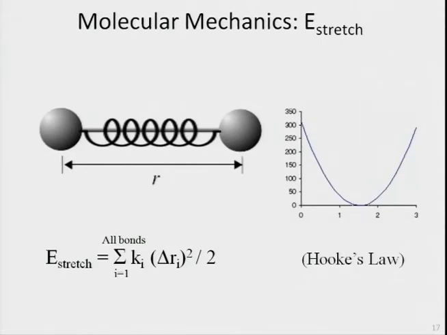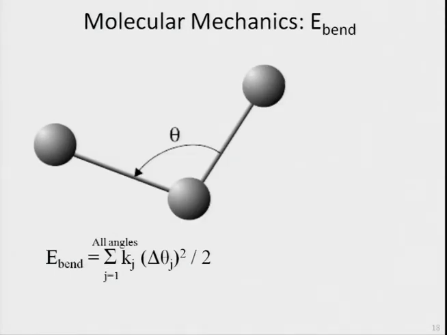Okay, so that's if you have 2 atoms. What happens if you have 3 atoms that are bonded together? Well, now, in addition, you can have a bend term. This would be basically like this. Again, we could think about this in terms of sines and cosines and define it in a very complex way, but there's a simpler way to do it, which, of course, is just to use the spring again.